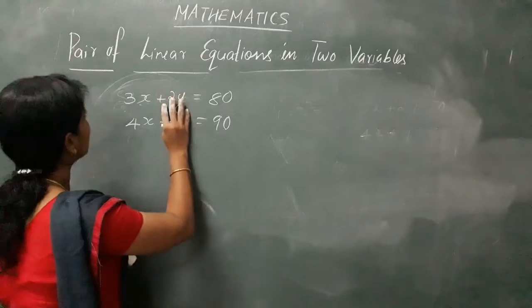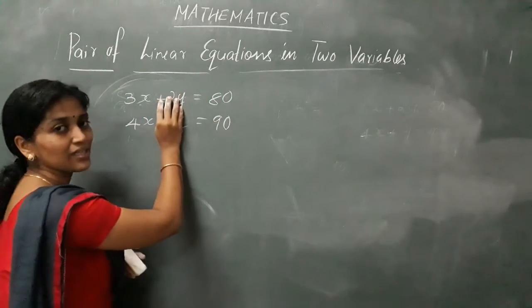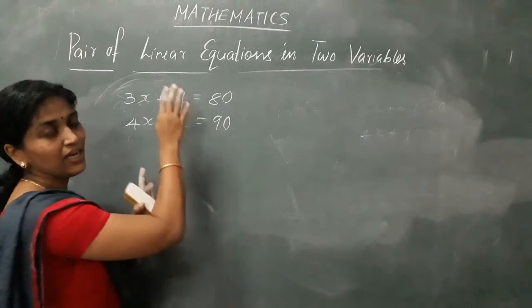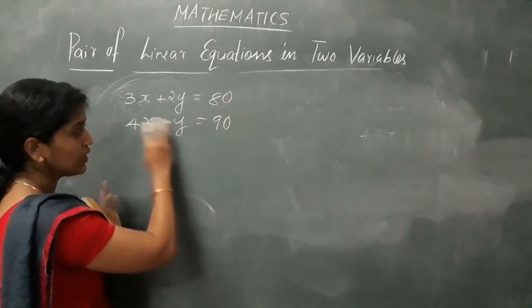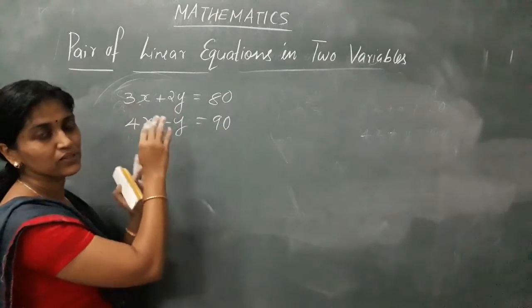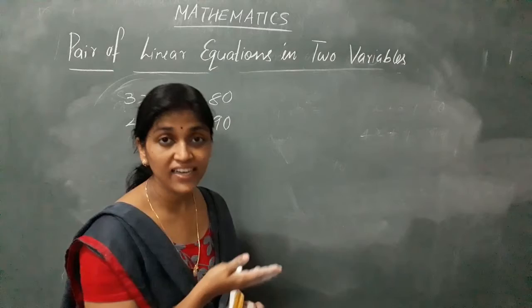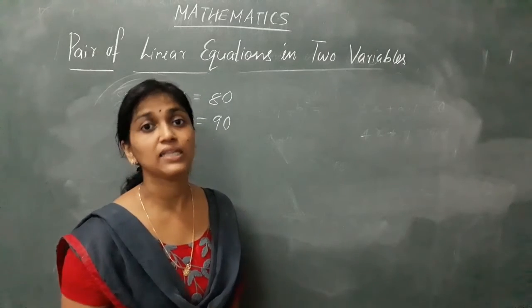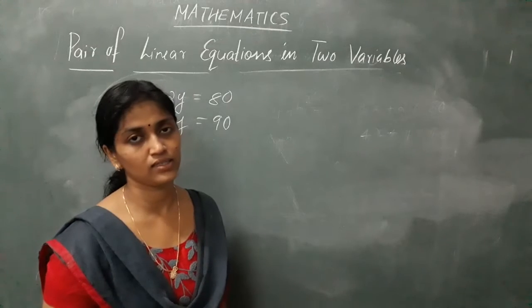So we are studying a pair of linear equations in two variables. When we are asked to represent it geometrically, we draw the graph of both the equations in the same graph, because we want to know whether the lines are intersecting, parallel, or coincident. Clear?